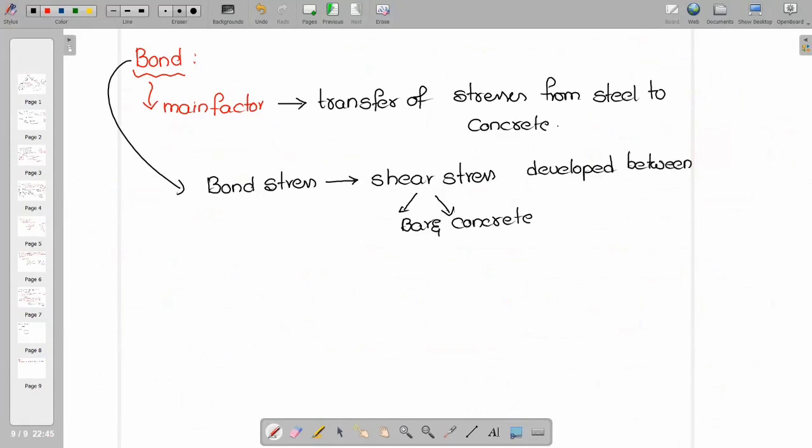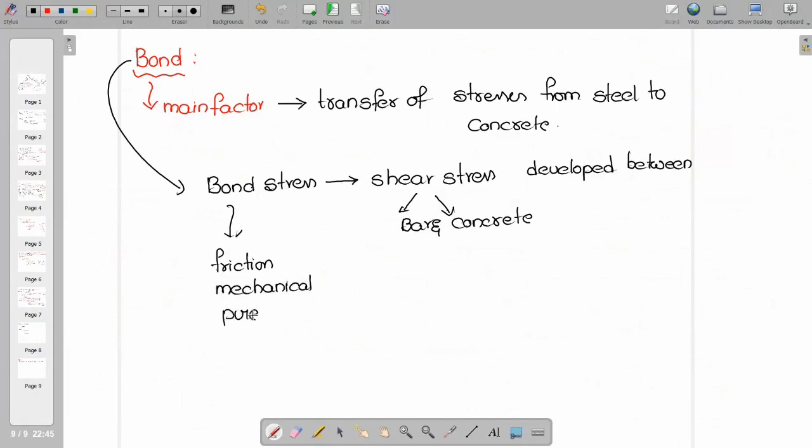What are the factors which can affect the bond stress? One is frictional resistance, or you can say mechanical resistance, that is what your friend Mohammed Rashid has told, like whenever there is a bend or hook, or pure adhesion.